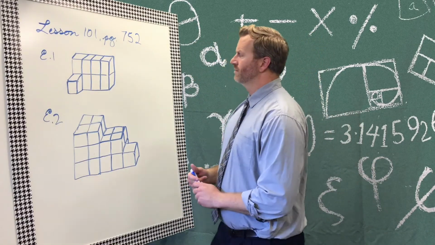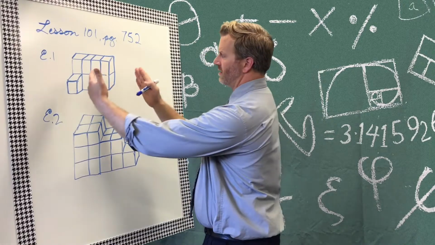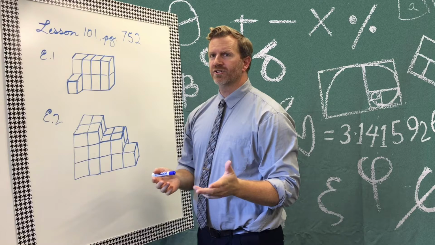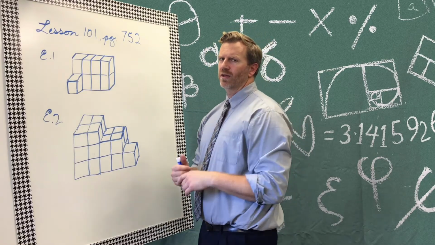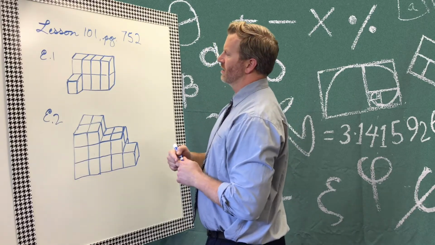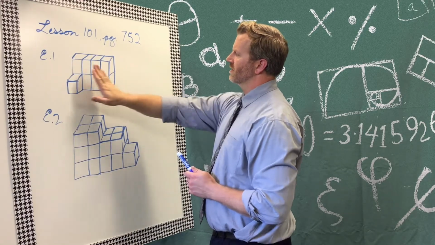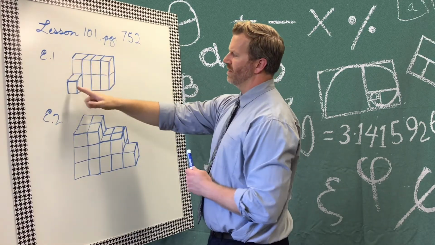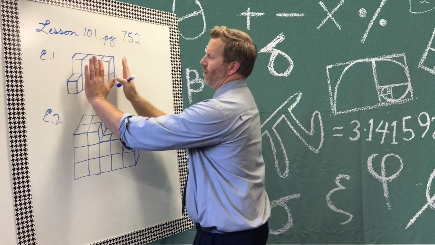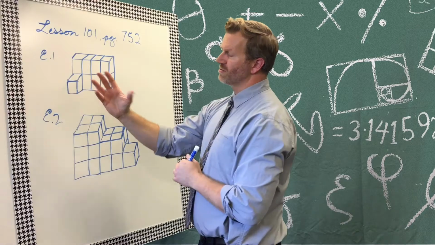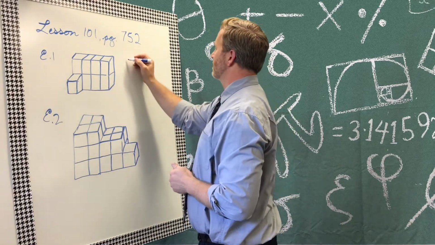Example number 1. So if we looked at this shape directly from the front, what would that shape look like? Jordan, what do you think? Do you think it's going to be just one little square, or is it going to be this whole shape, but that guy is kind of like part of it, right? Because if we're looking from the front, we're not going to see that dude sticking out. It's just going to look like this.